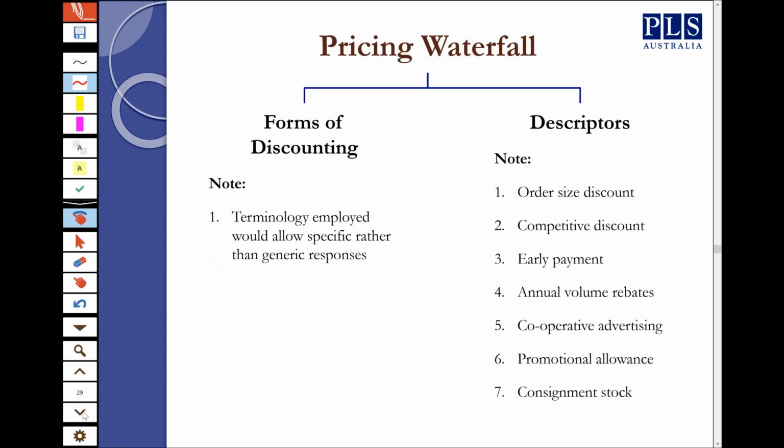But then I'd also note on that point that whilst I can talk discounting generically, please note they do represent a concept of the pricing waterfall. And this is just the different forms of discounting. So your order size discount, your early payment discount, your annual volume rebates and so on. Just an area that I would suggest, as I'm sitting in an exam, I understand they may not just go, oh, you're discounting price.